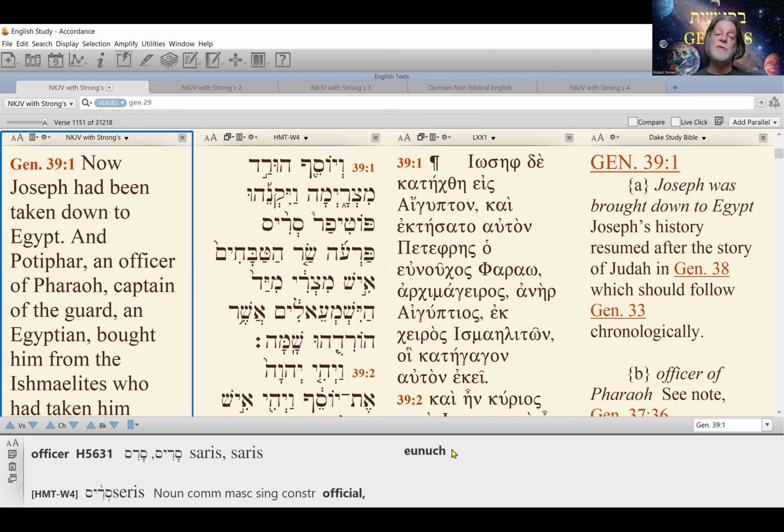And the reason, particularly with reference to an officer of Pharaoh, is that a eunuch would probably be working in the palace for the Pharaoh, but as an official in the court, he would have access to the Pharaoh's harem, which would be his collection of women that satisfied his bodily needs.